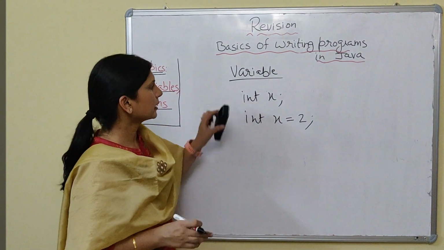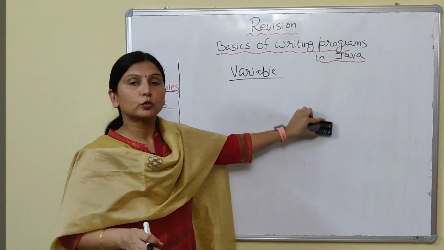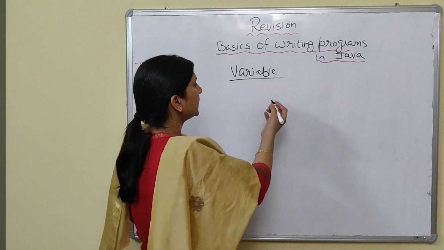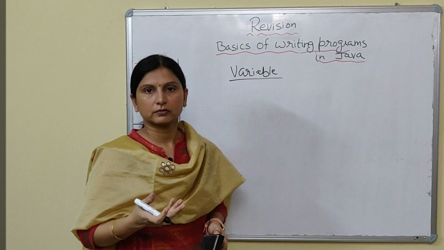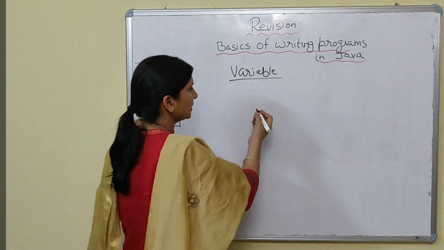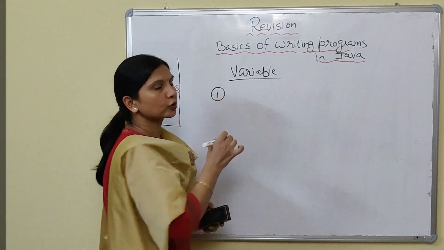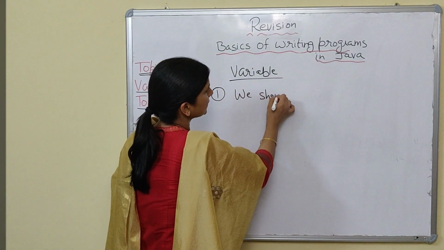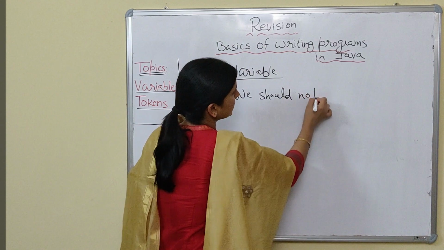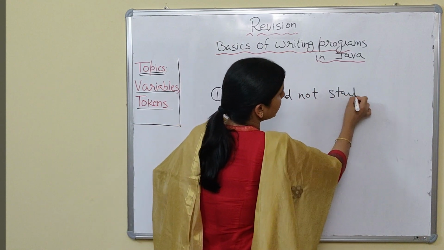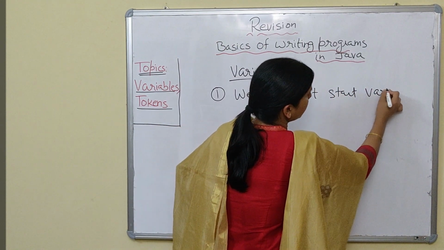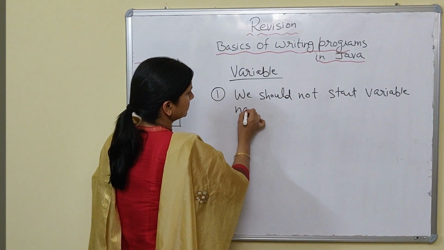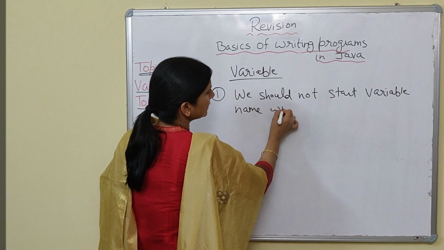Now the next is, what are the rules of variable names? You can take any name, but some rules are there. The first rule is, we should not start a variable name with a number.